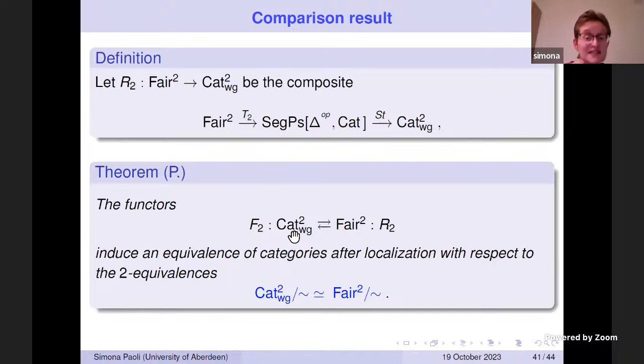And it turns out that this is also not straightforward, because even though the statement of this theorem only involves Cat2 weakly globular and Fair2, to do this proof, at some point you have to slightly enlarge your context and then get back here. Again, I really don't think I have the time to illustrate this, but this is to say that the result itself is non-trivial.